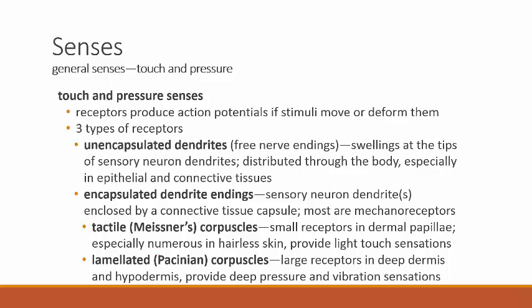They're the tactile corpuscles, also called the Meissner's corpuscles. And if you remember back to when we talked about the skin, we saw that these tactile corpuscles are found in the dermal papillae, those little hills of dermal tissue that are there below the epidermis.